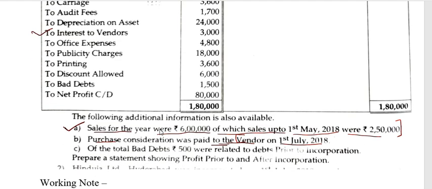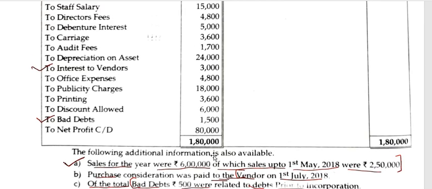Next adjustment: of the total bad debts, rupees 500 were related to debt prior to incorporation. That means the adjustment is of bad debts, so tick mark bad debts. So in total we have 2 adjustments.